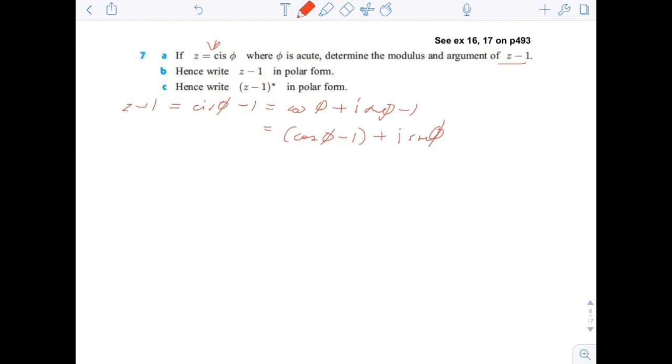And then if we wanted to find the modulus of this, we would square this and add them together. So it would be the square root of cosine phi minus 1 squared plus sine squared phi.